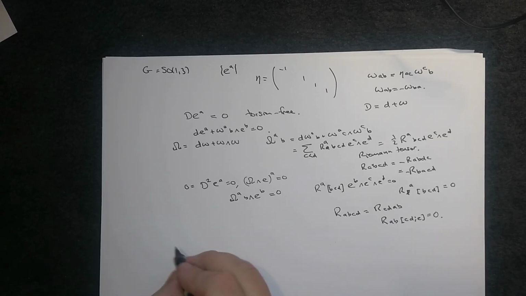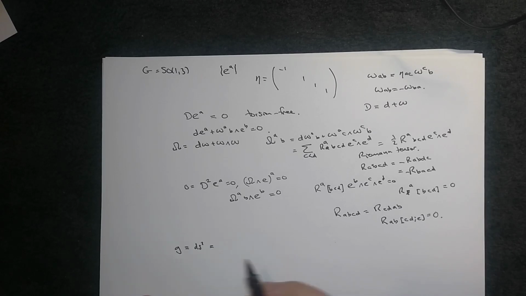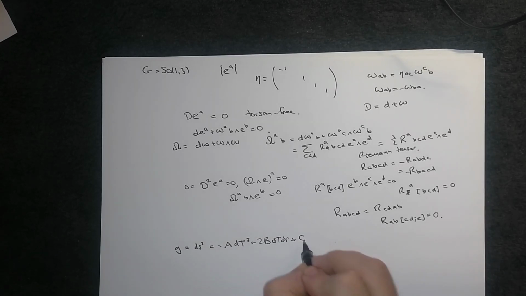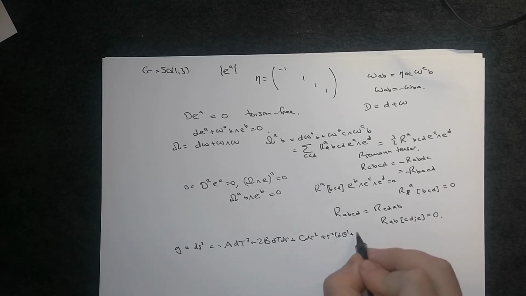Now let's consider a metric. Let g, equal to ds squared, be equal to minus a dt squared plus 2b dt dr plus c dr squared plus r squared times d theta squared plus sine squared theta d phi squared.